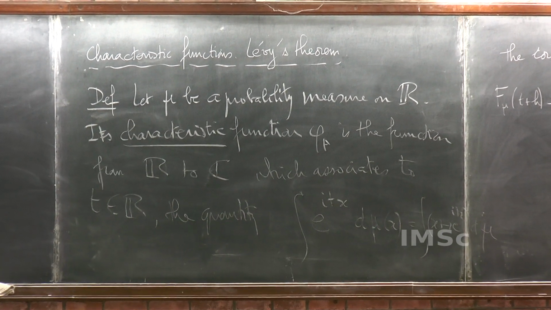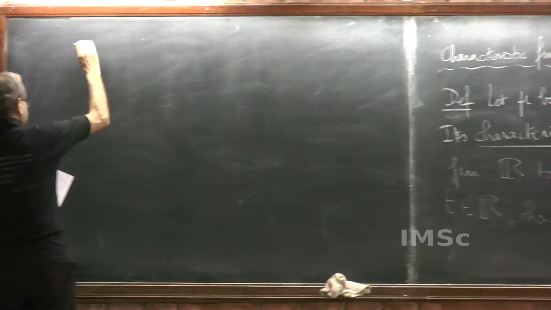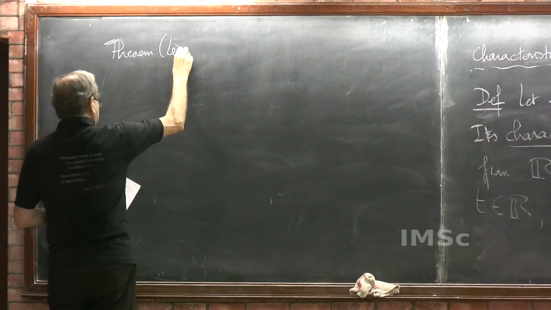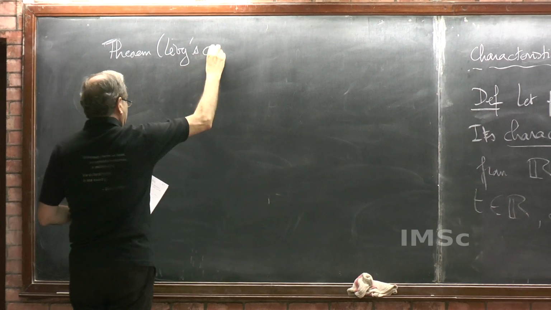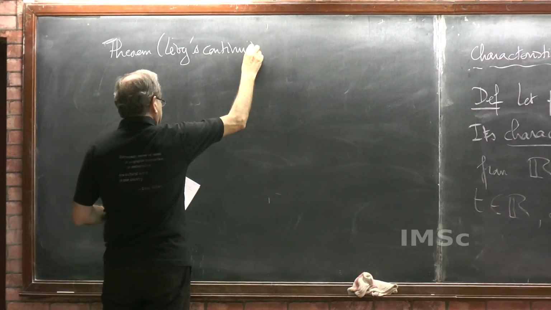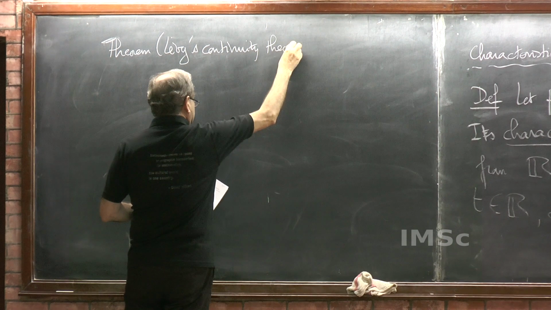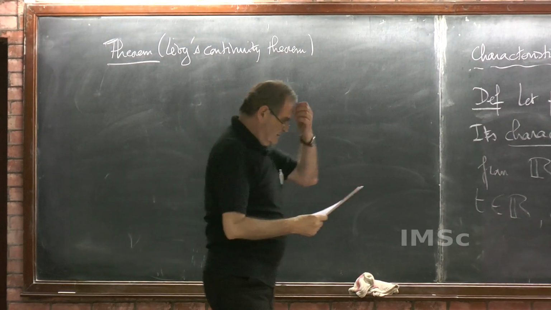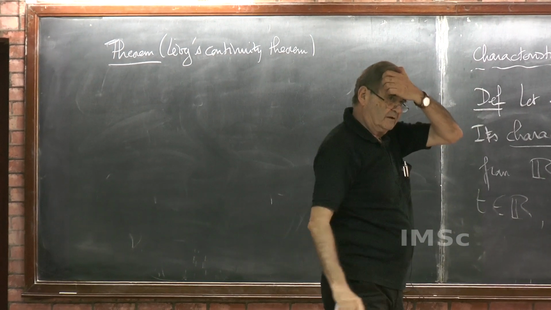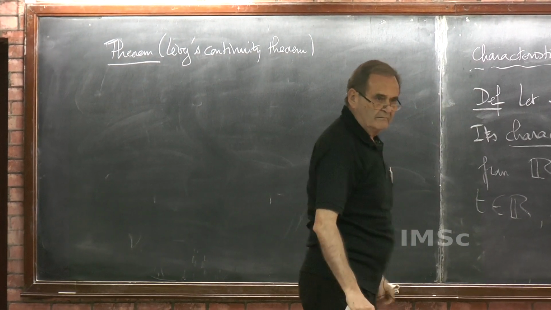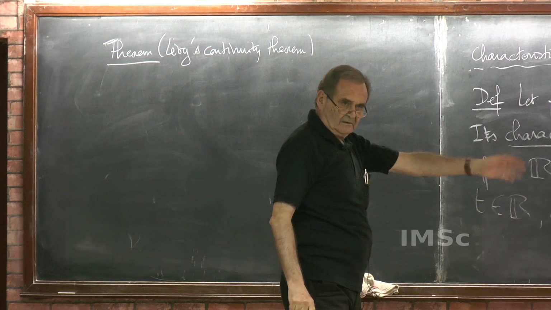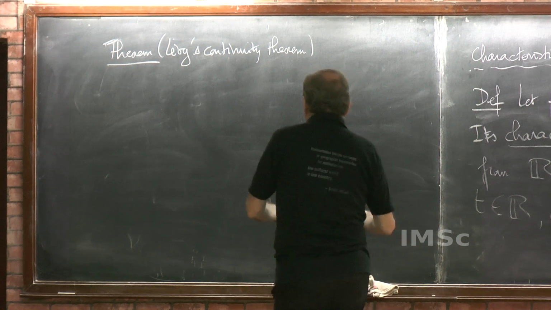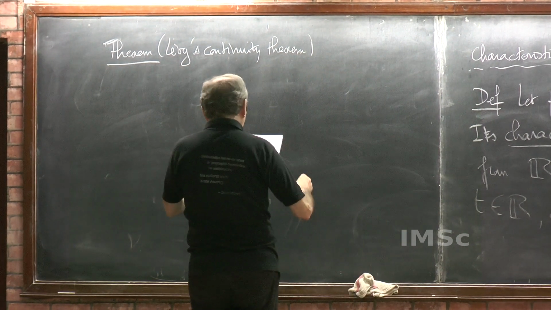Now, what is Levy's theorem? It is called Levy's continuity theorem. It is from around the 1920s, before the whole setting of Kolmogorov, but that didn't prevent mathematicians from doing mathematics.